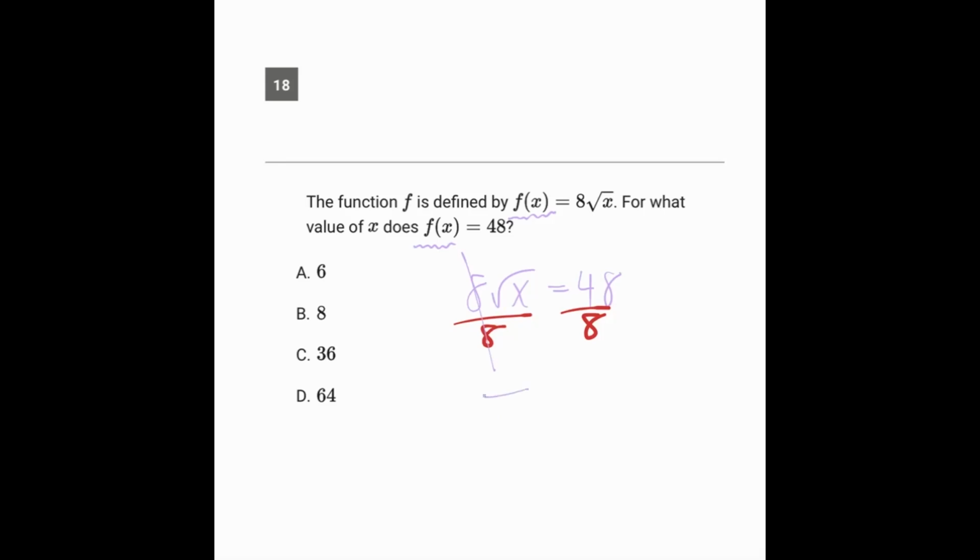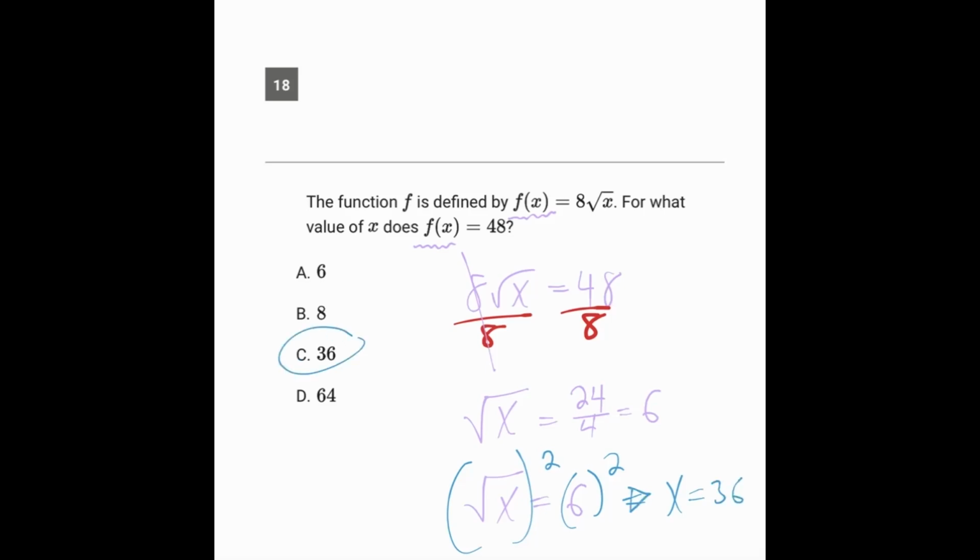Now we have square root of x is equal to 48 over 8, which can simplify to 24 over 4. And really, that's 6. So square root of x equals 6. Now we can square both sides, and we'll get x equals 6 squared, which is 36. And that's our answer for this question.